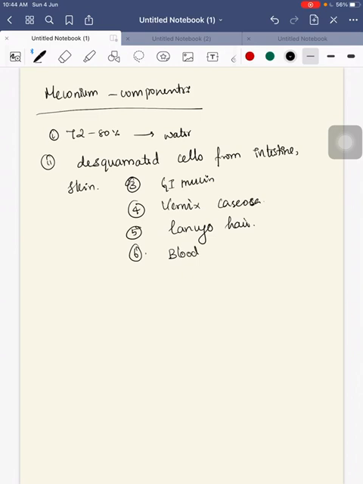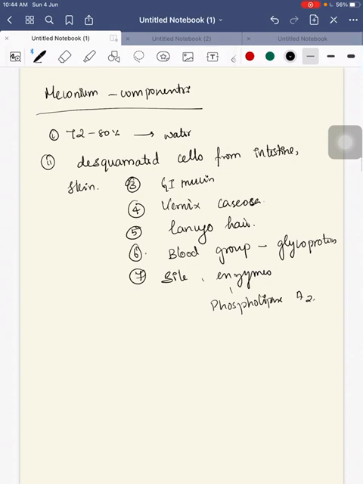It contains the glycoprotein from the blood group, bile, enzymes such as phospholipase A2, and amniotic fluid. So these are the components of meconium.